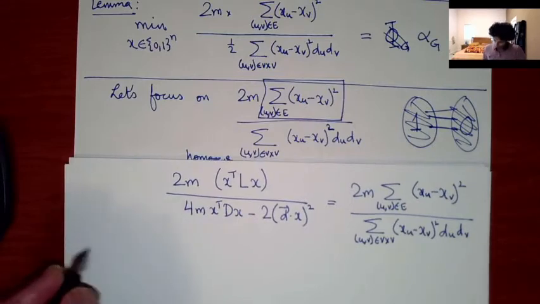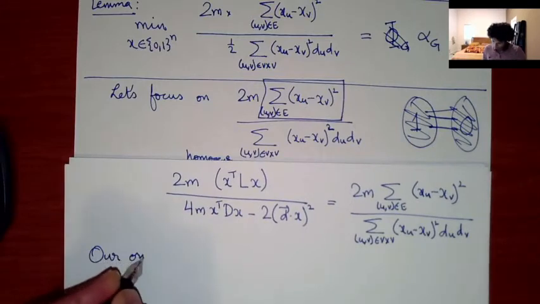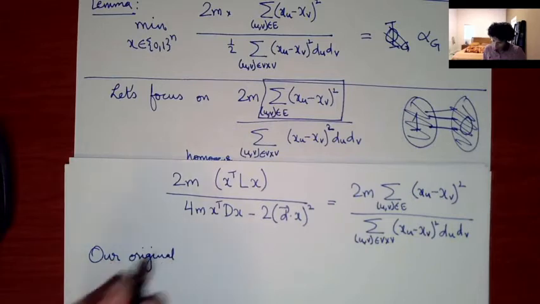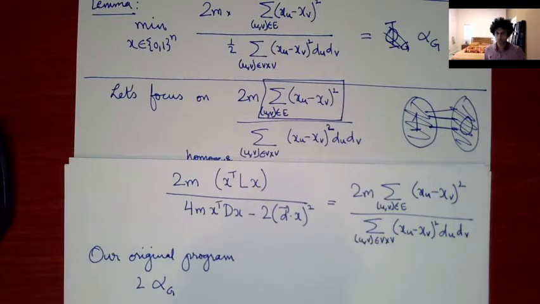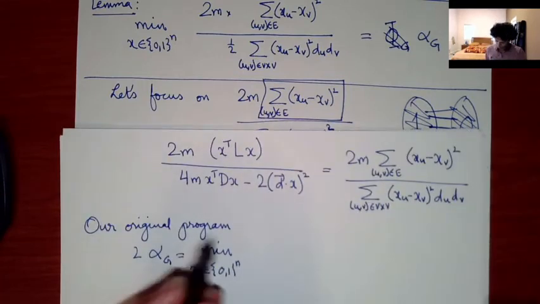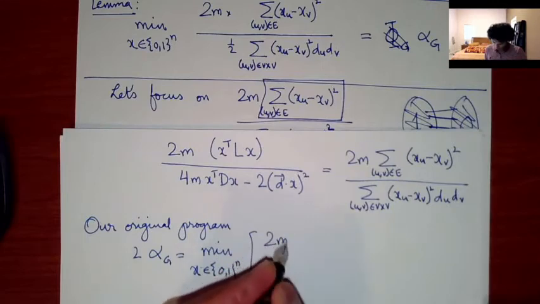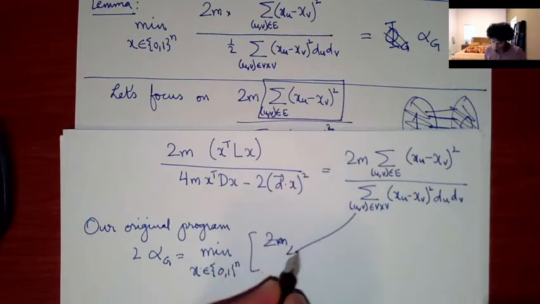Okay, so our original program said that 2 times alpha G is equal to the min over all x in {0,1} to the n of 2 times this thing here.